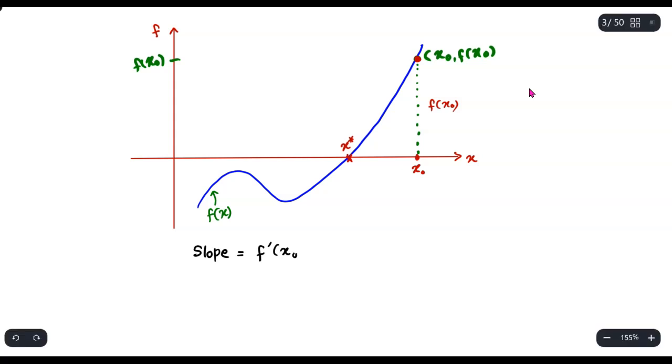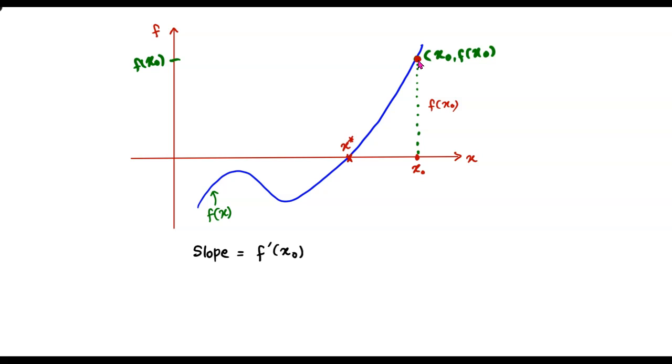So it means we have f prime of x naught. I'm going to repeat: the slope at this point is equal to the derivative of the function f(x) at the point x naught.